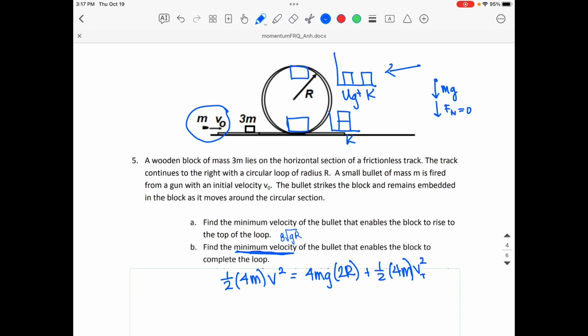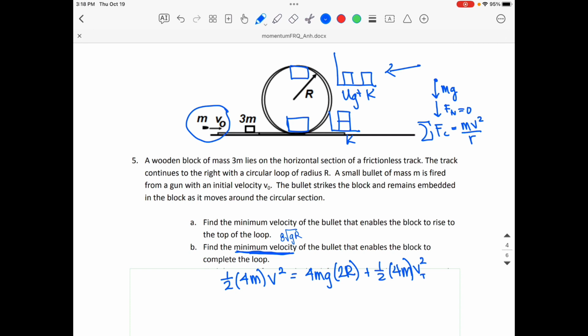But if I go at the minimum velocity, then the normal force gets smaller and smaller until it reduces down to 0, and it's only the gravitational force that creates that centripetal motion. So this is a Newton's second law equation, except it's in circular motion, so we have mv squared over r.